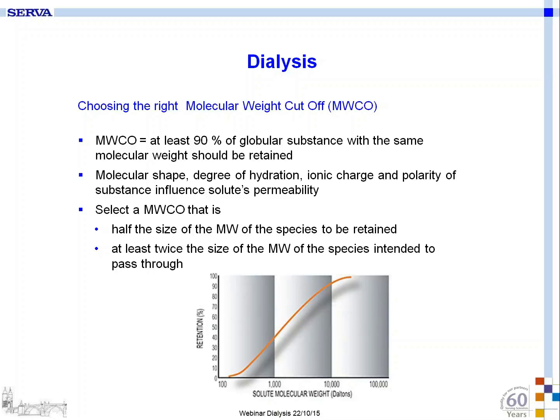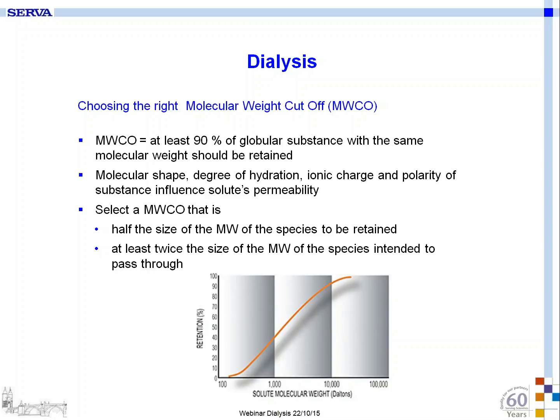That means that the molecular weight cutoff of the membrane is the molecular weight of the globular substance of which at least 90% will be retained in the membrane during dialysis overnight.